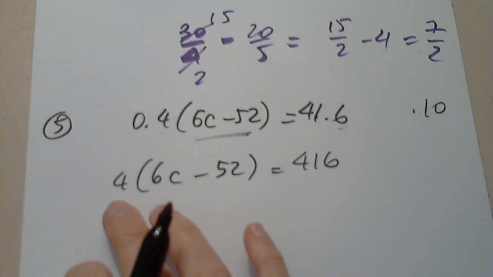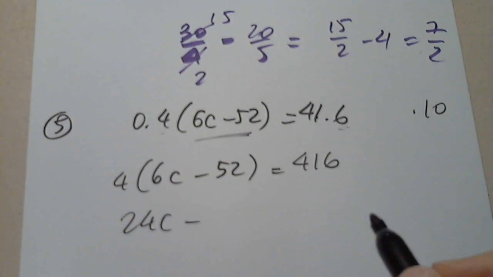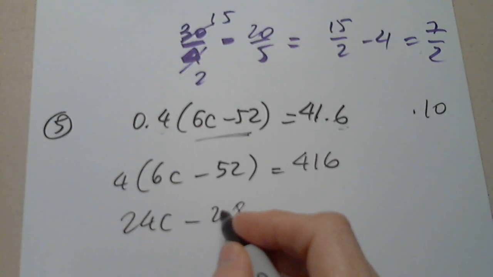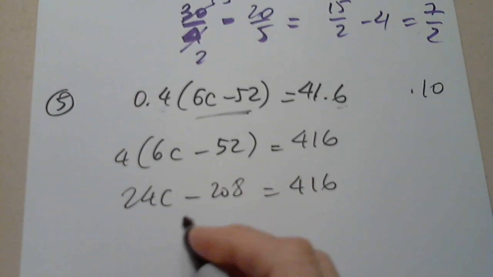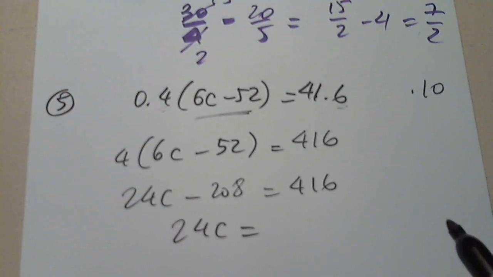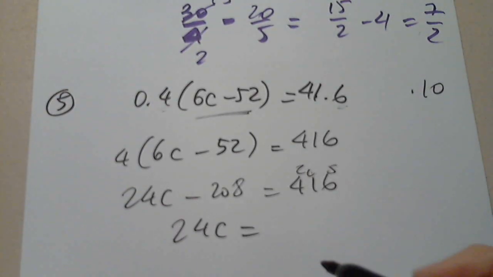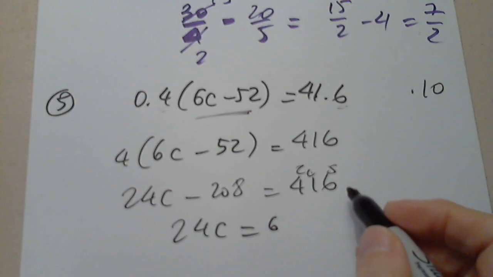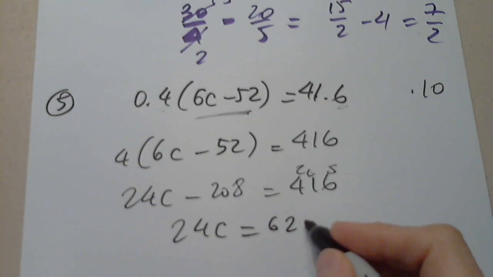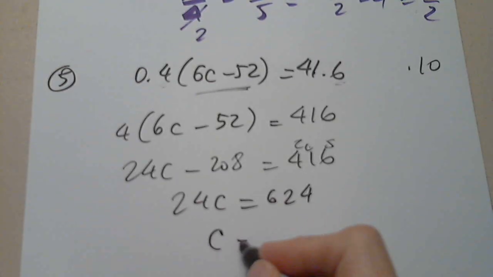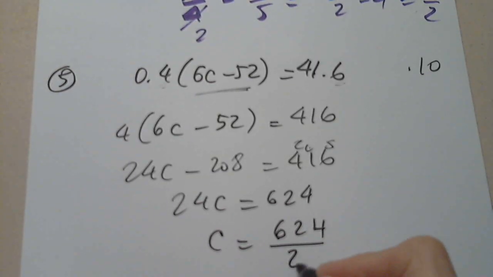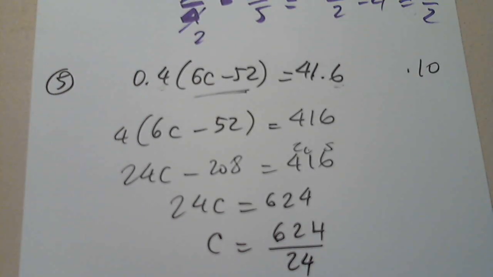Now I distribute. 24c minus 208 equals 416. Move 208, it becomes positive. So when I add 208 here, I get 624. All I need to do is divide. First, I'll divide with the calculator.